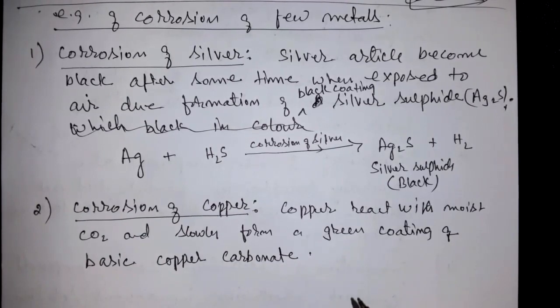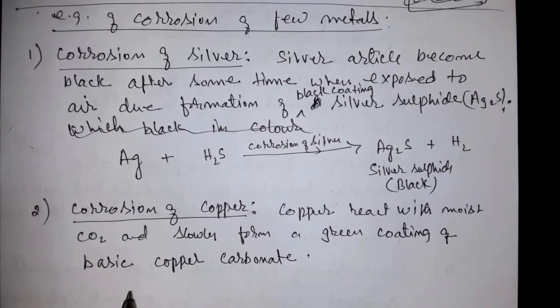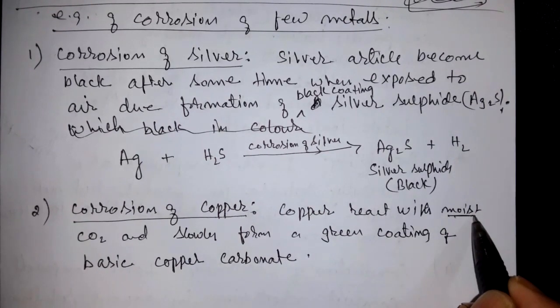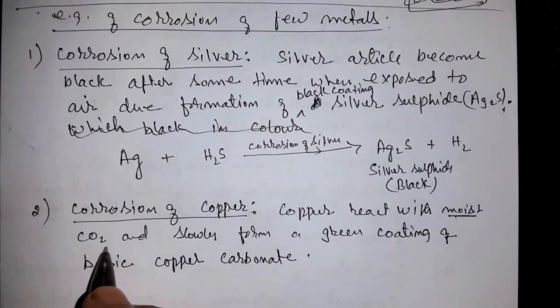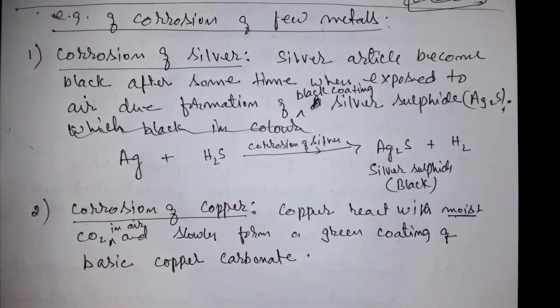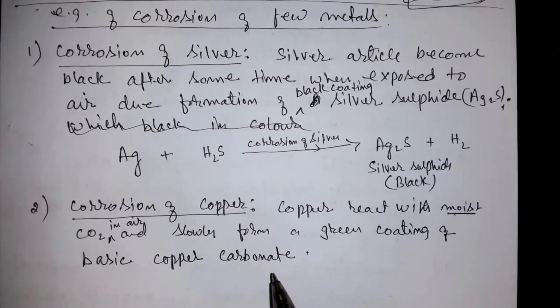For this also, the reaction is not mentioned in our textbook, but just remember this sentence. When copper undergoes corrosion with moist carbon dioxide in air, meaning water molecules will be there, and oxygen also will be present, then it will form a green coating of basic copper carbonate.